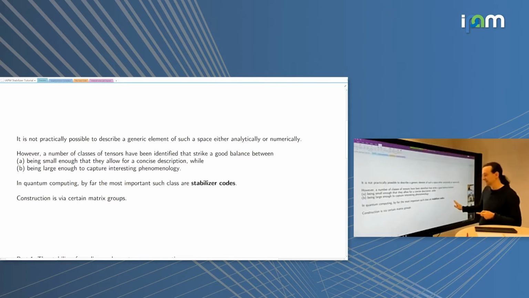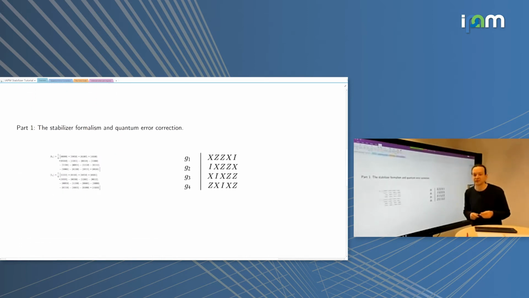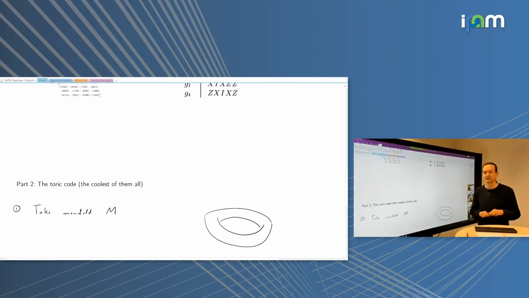My tutorial is going to have two parts. In the first part, I want to introduce what the problem of quantum error correction is, how the stabilizer formalism comes into play, and how we can get interesting spaces of tensors out of this algebraic description. Then there is a second part, which I don't expect I will be able to start today, but I will tell you next time.